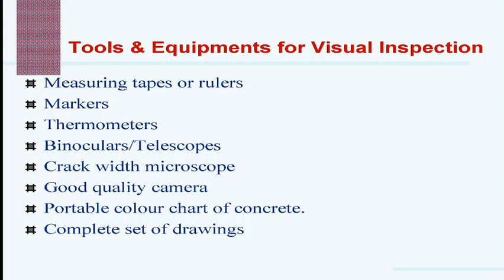In the market, color charts are available, so that by comparing them with the existing concrete, we can determine the state of our concrete. And a complete set of relevant drawings showing plan view, elevations, and typical structural details allows recording of the observations made during the visual inspection.